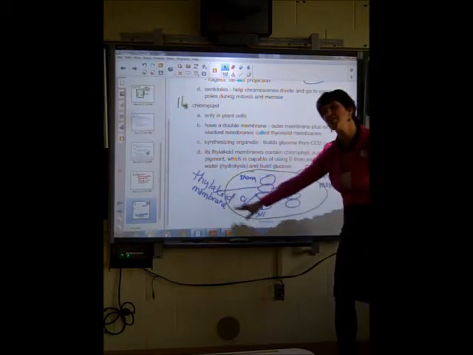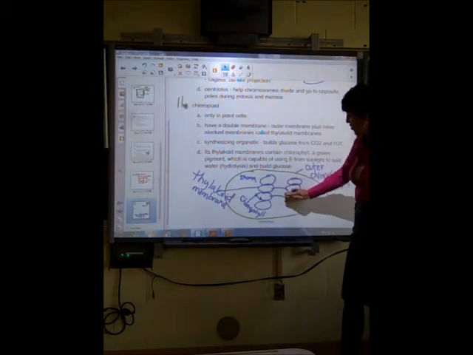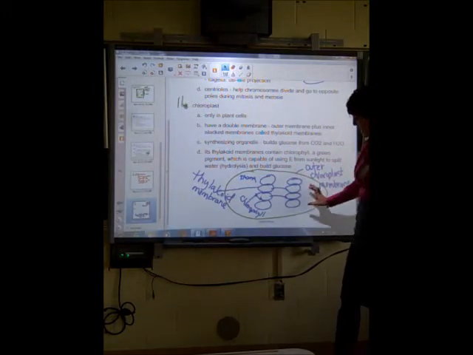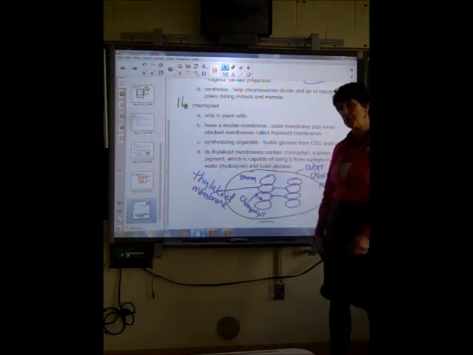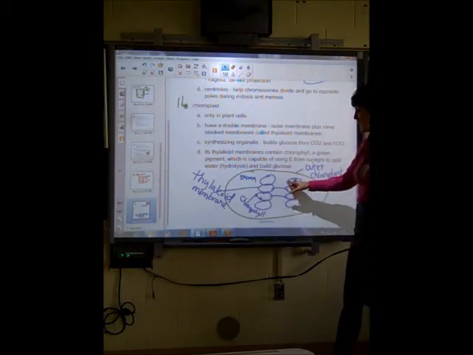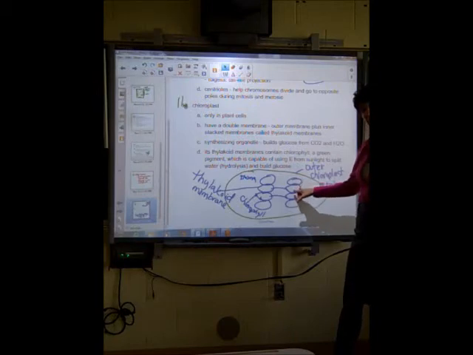So this is one chloroplast: inner membrane, outer membrane, and then the liquid portion of it, the stroma. The chlorophyll is found within the membranes that make up these stacks, these thylakoid membranes.